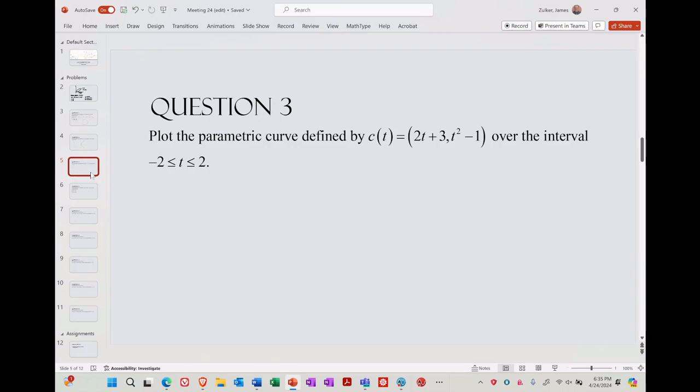2t plus 3, comma, t squared minus 1 over the interval negative 2 to 2. Is it supposed to be 2t plus 3, comma? Yes.